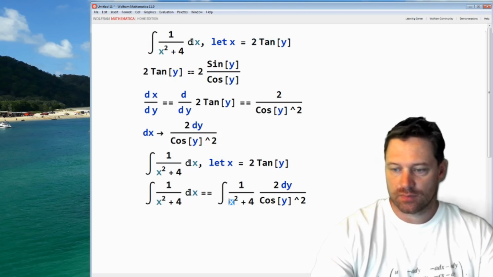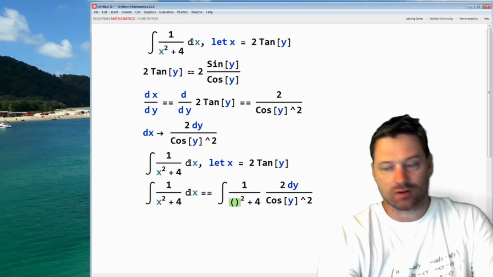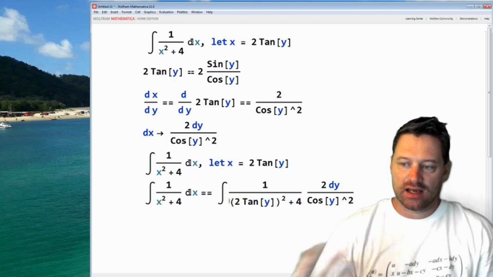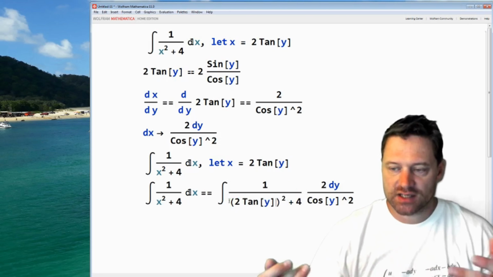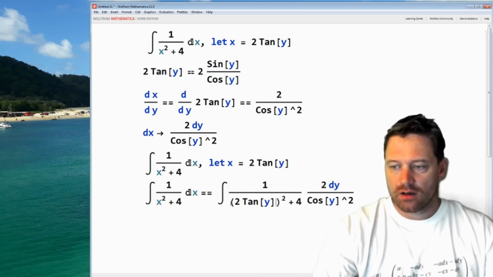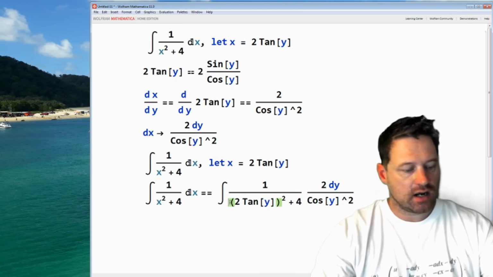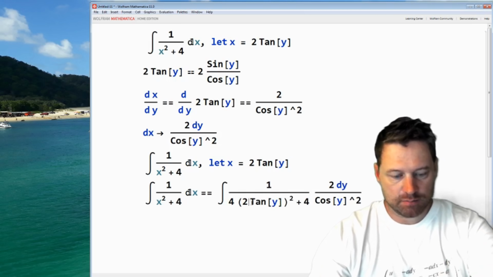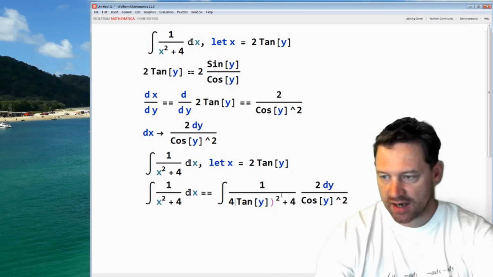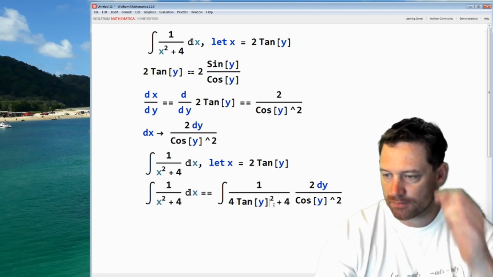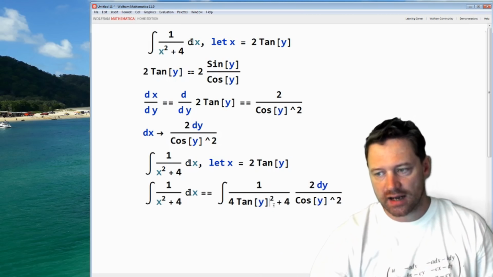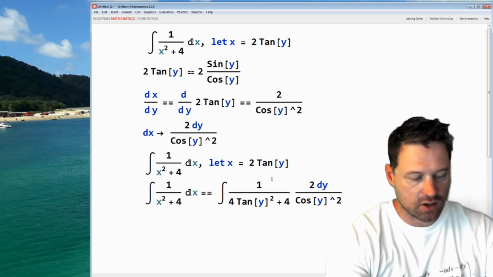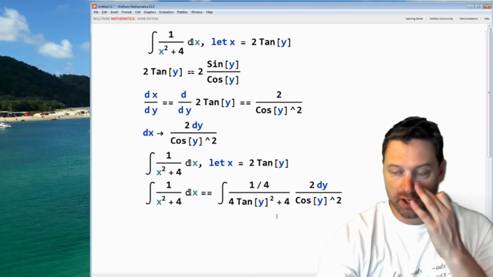All right, I'll put a bracket around this because it's all getting squared. Okay, and now we see again why we put the 2 in there, because when we square this, we'll have a 4 right here, and that can be outside of the bracket. Now you see you can factorize this, so why don't we do that, and we'll write this as 1/4 in the numerator.